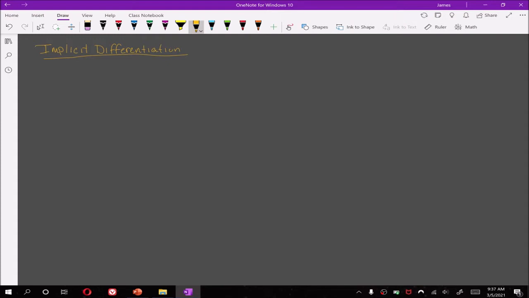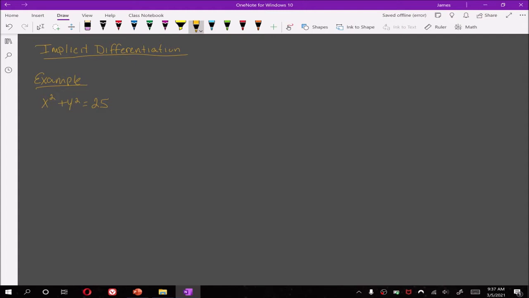So to begin with, let's consider the equation x squared plus y squared equals 25. And let's say that we want to know the slope of a tangent line at a specific point.